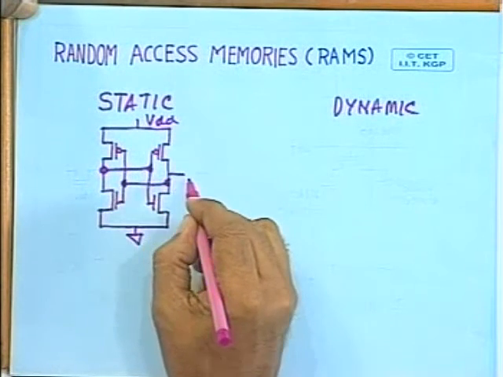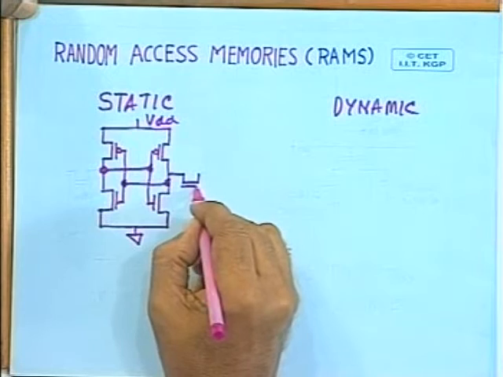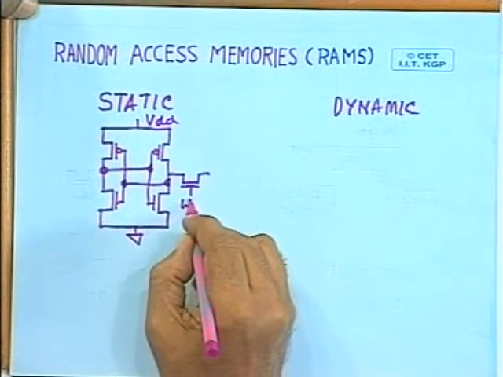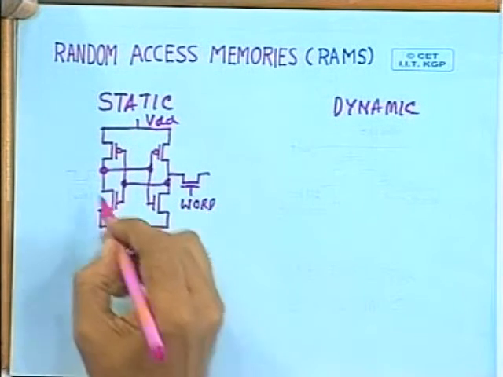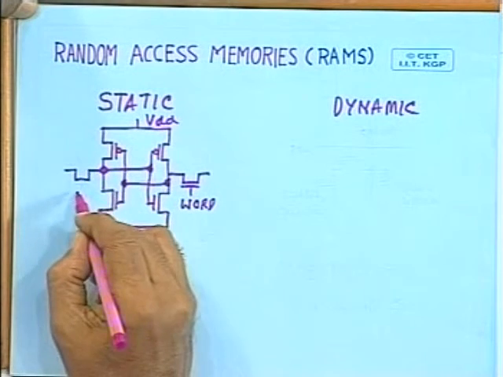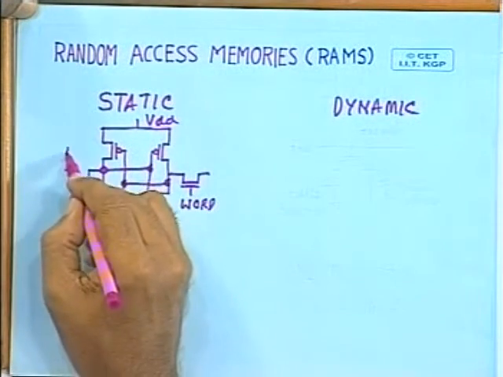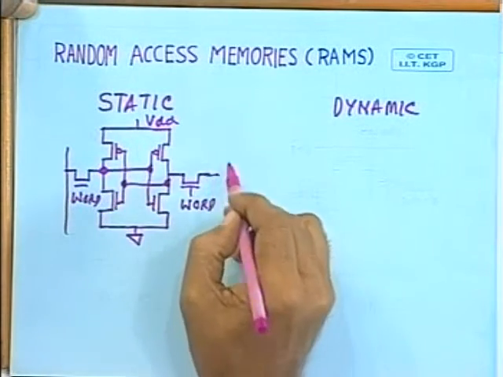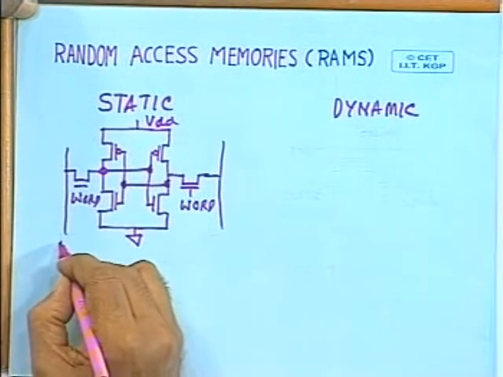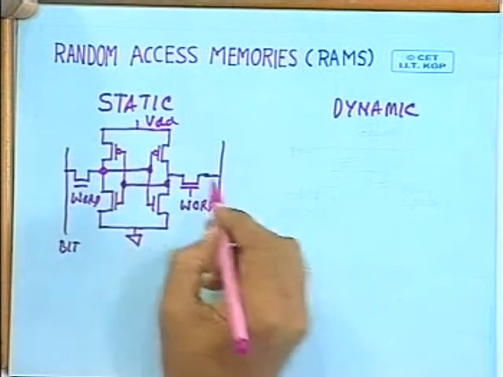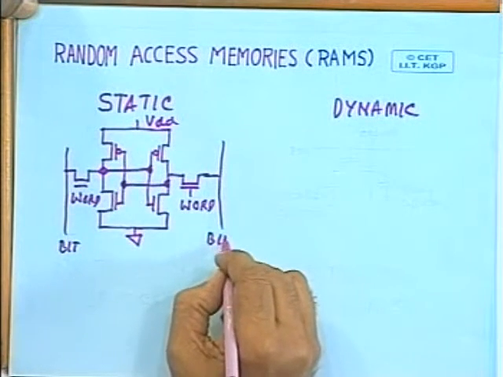And for reading purpose, you will require two more transistors. This is your word line. And here go two lines. This is your bit line, and this is your word line. This is your bit and bit bar.